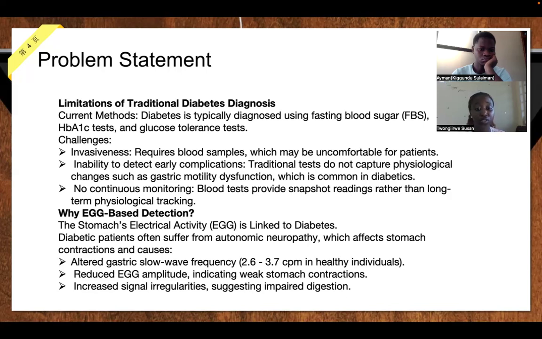This causes altered gastric slow wave frequency, which is mostly 2.6 to 3.7 CPM in healthy individuals, reduced EGG amplitude indicating weak stomach contractions, and increased signal irregularities, suggesting impaired digestion. Next.